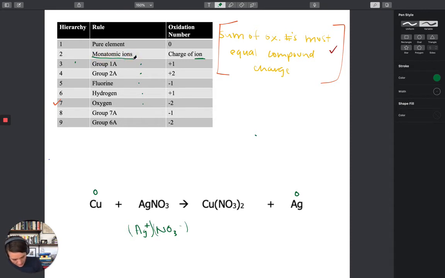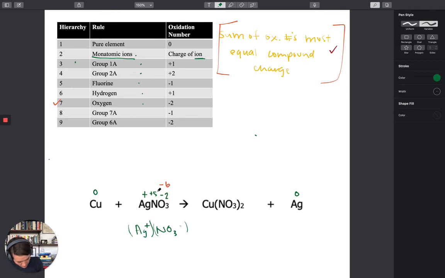So that means that my silver nitrate, which is going to be aqueous in solution, so we really have this aqueous silver, is going to have a +1 charge. Our oxygen would be my next rule to follow, so that's 2, 4, 6, right? Because I have 3 of them at a -2 oxidation state each, so that's -6. So that means that my nitrogen has to be a +5.